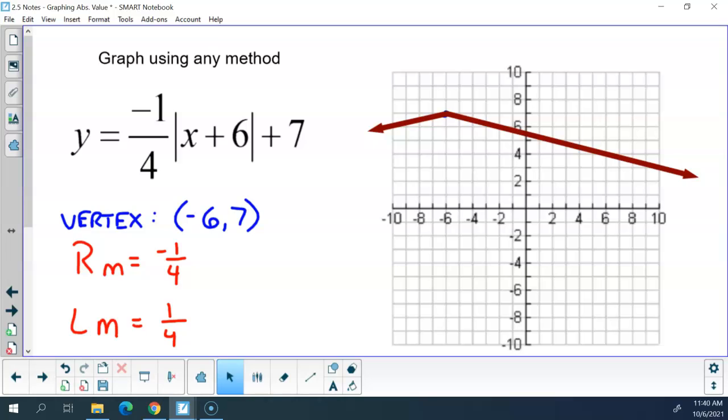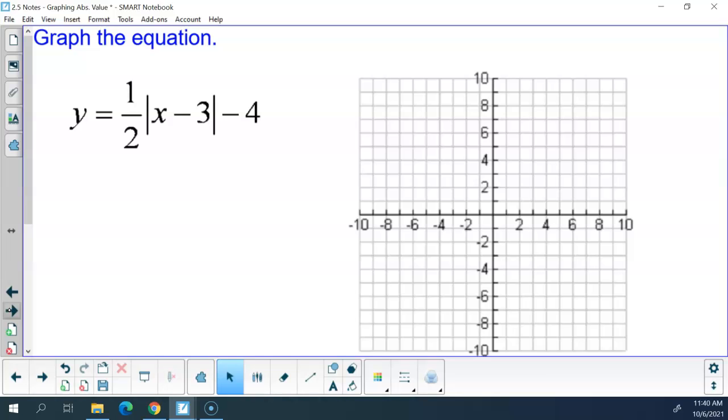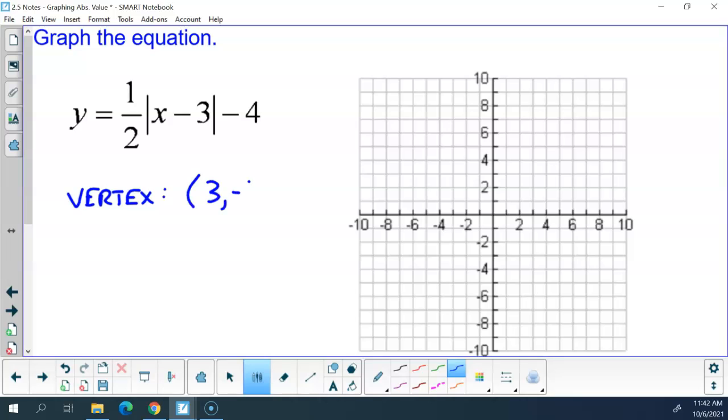Agree? All right, I like it. Try that one. Vertex, 3 comma negative 4. Yes. Right side slope, which way are you going for over?